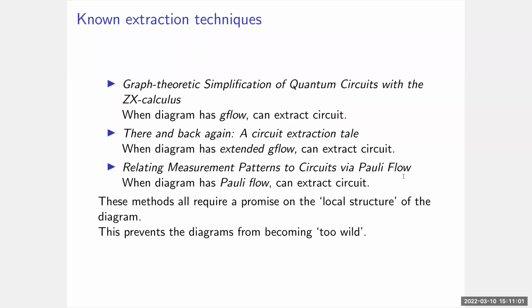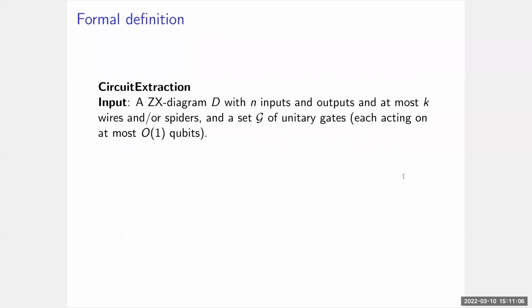Okay, so let's formulate what the actual formal problem is that we're trying to solve here. I define this problem of circuit extraction, where the input is a ZX diagram D, which has n inputs and outputs. So we need the same number of inputs and outputs because we're interested in being unitary. And it has k wires and spiders, so just a number. And we fix some set G, some gate set of unitary gates, which act on a bounded number of qubits.